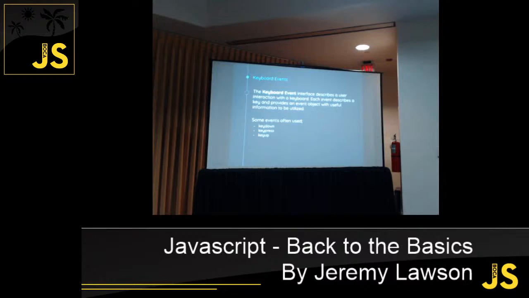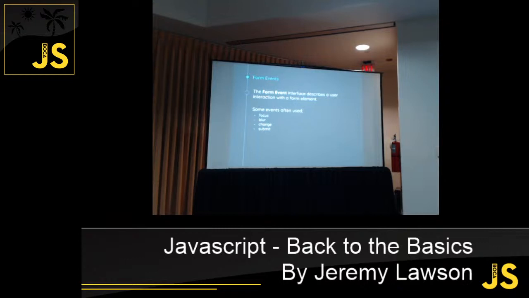Keyboard events. The typer thing that I was showing you guys, I've hooked into the typer events. Every time the user presses a key, I'm checking to see what key it is. Does it match the item that's in there? If it is, highlight green. If it's not, I highlight red. And I'm using the key down or key press event to accomplish that. So I use those very often.